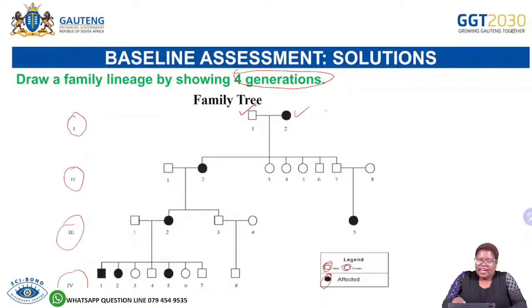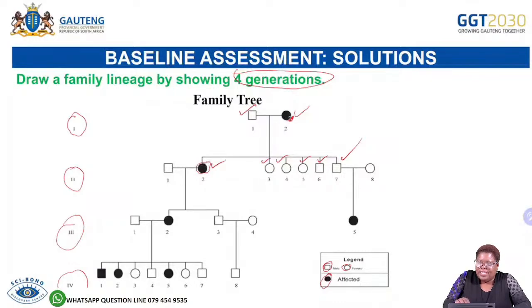Now from this generation to the next generation, they give birth to these children. How many children? You literally need to count there. So these 2 parents give birth to 1, 2, 3, 4, 5, 6 children, right? Now from these 6 children, if you compare the first generation to the second generation, this daughter inherited the disorder from the mother. Can you see that?